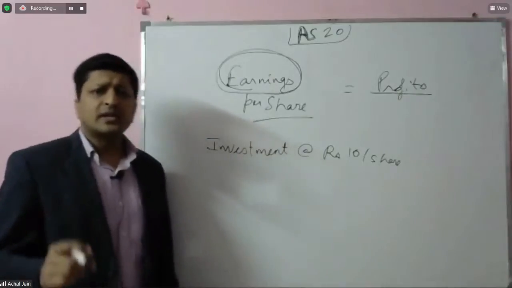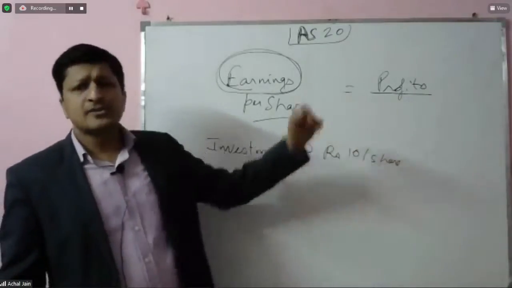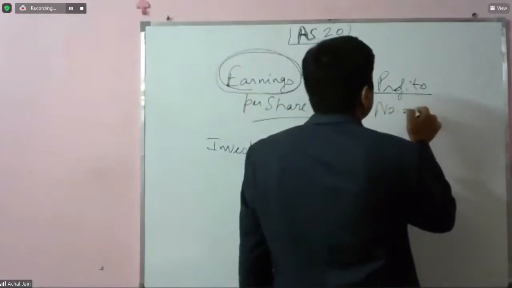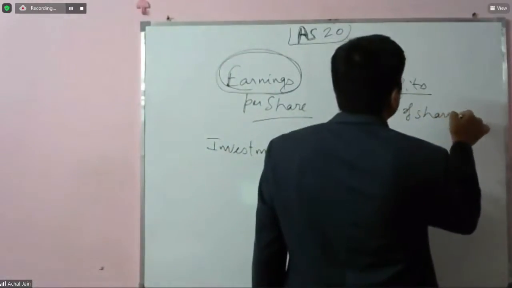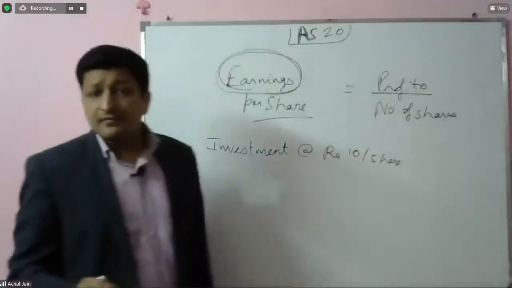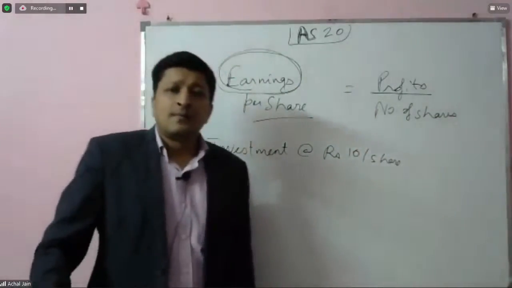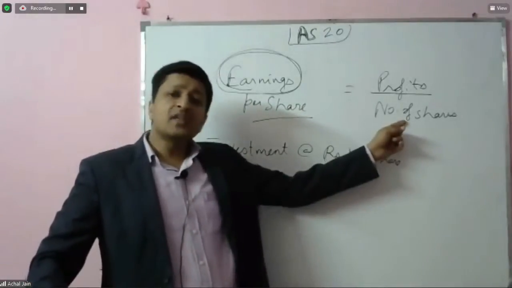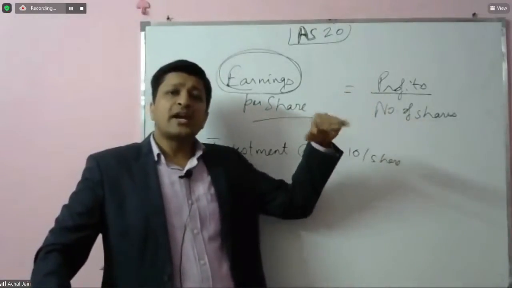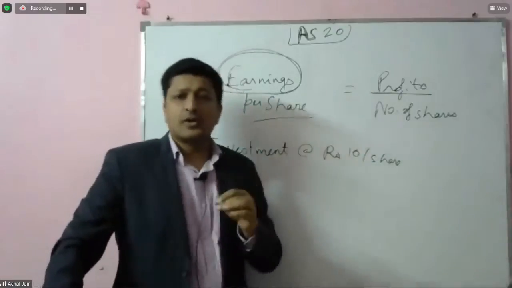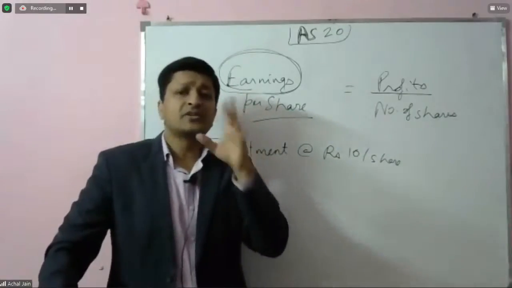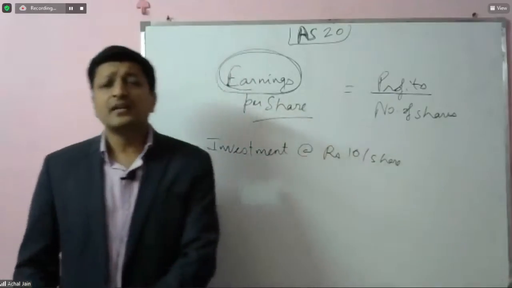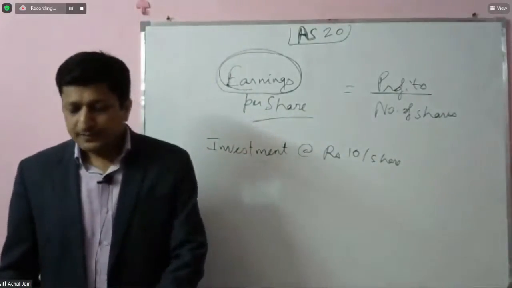Say in 1 year, company has earned a profit of X amount, that divided by number of shares. So this will give us the earning per share. Means what is the earning which is attributed to every shareholder holding one share? Correct? This is something we mean by earning per share.